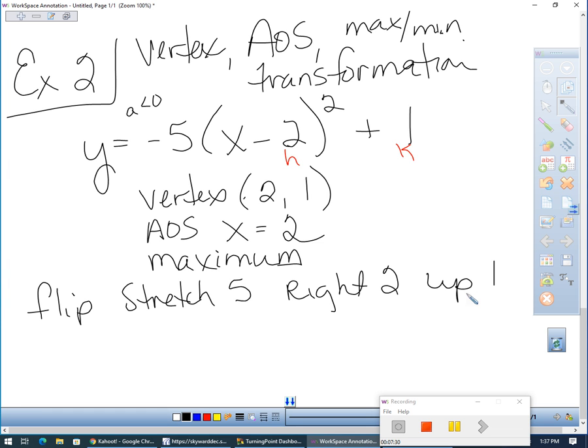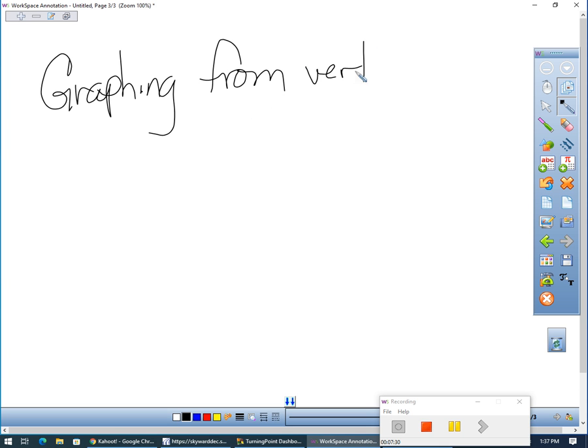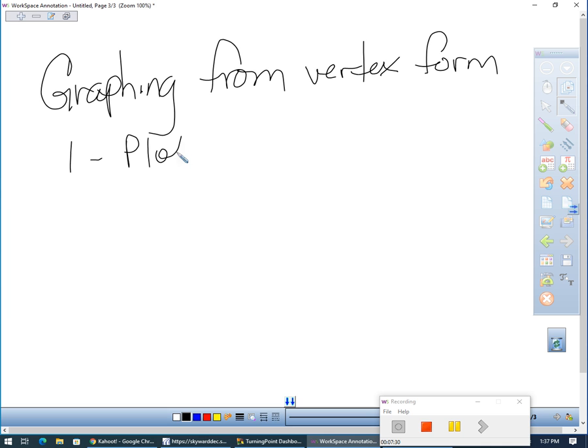Okay. All right. The next thing I want to talk about is graphing from vertex form. Step 1, you're going to plot the vertex.